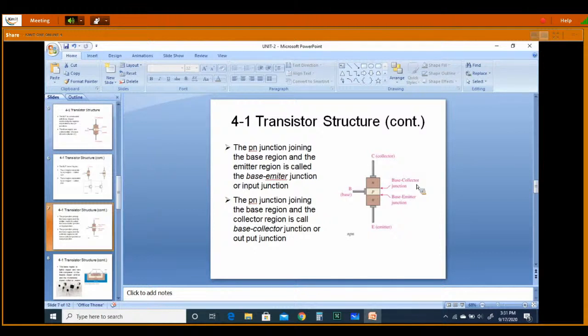In a basic BJT there are two junctions: one is the base emitter junction, the second is the base collector junction. This is the same for NPN and PNP. The only change is, in case of PNP transistor, the N material is separating the two P regions. The concept of PNP transistor is quite opposite to your NPN transistor.